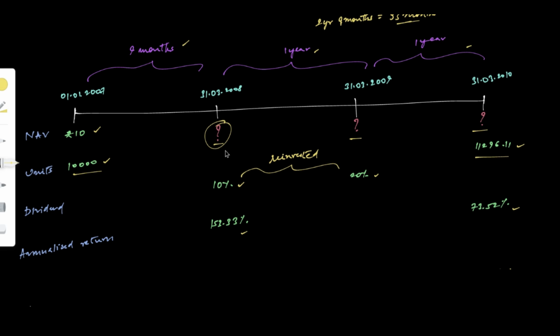So what is annualized return? Annualized return is 153.33%. What is the formula?